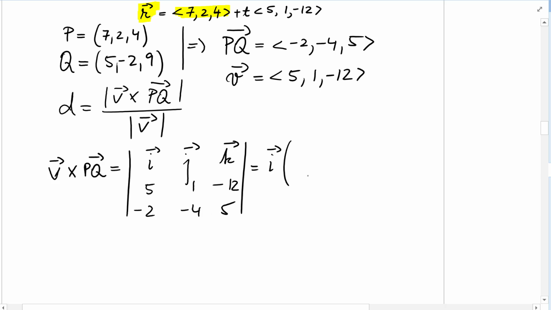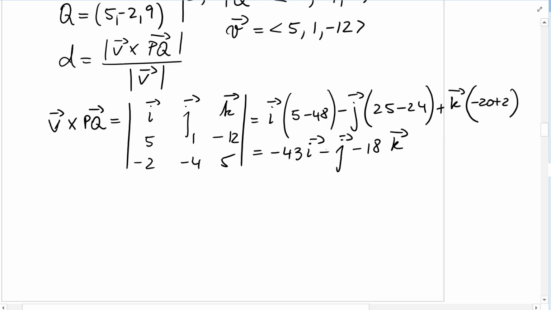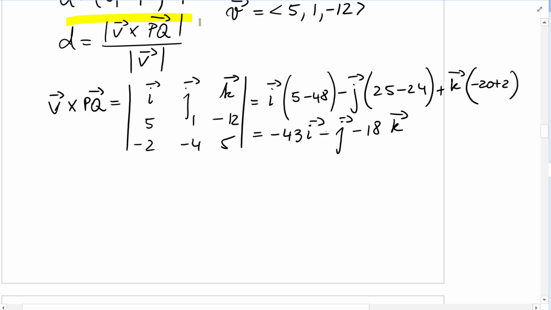So i times what is left when we cross out, it's 5 minus 48, minus j times 25 minus 24, plus k times -20 plus 2. So we get -43i minus j minus 18k.